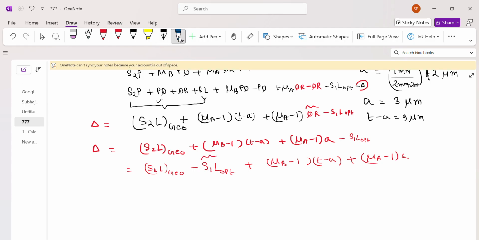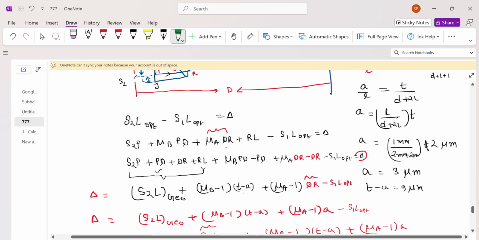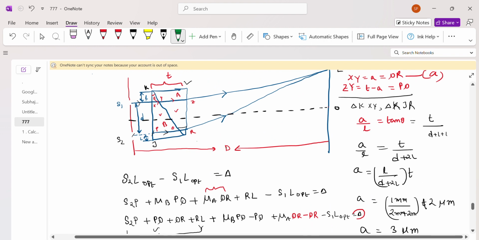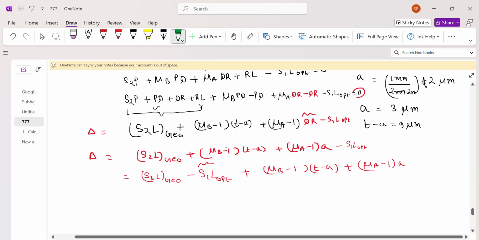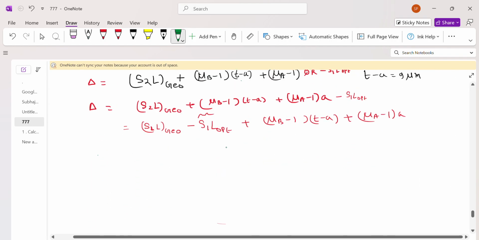Okay, fine. So now I have to write down this S1L optical. So what is this S1L optical? This figure is a bit messy right now, but I will just carry on from there.